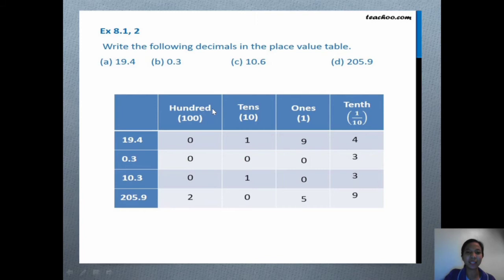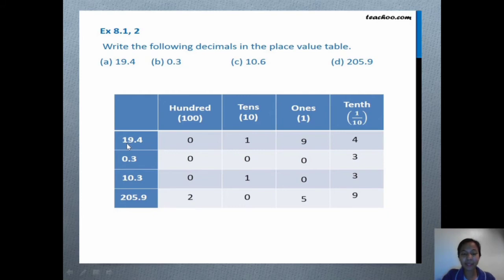Okay, there is no hundreds. Hundreds means it is in the whole number part. So ones, tens. So there is no third number, right? So 0, no hundreds. Alright, next, tens.